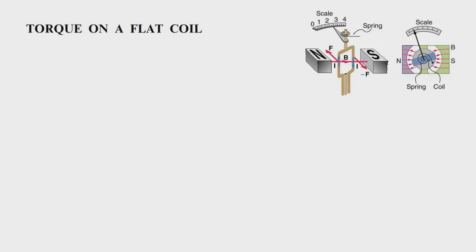Torque on a flat coil. Remember that torque was first introduced in the topic in mechanics. Torque is actually a product of the moment arm times the perpendicular force, and torque is also applicable to a flat coil, an application of which is meter scales.